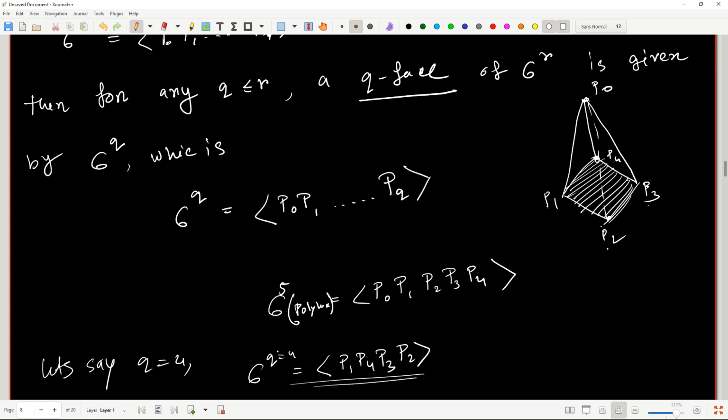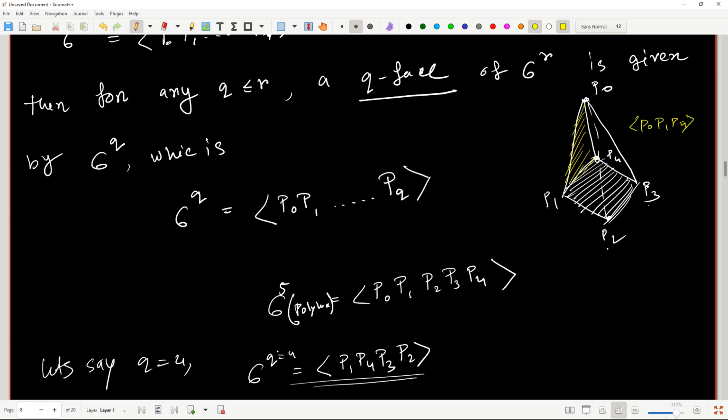So similarly, you can even go beyond. Let's say you take Q equals 3. So you are taking a 3 face. This P0, P1, P4 will be a 3 face, and so on.